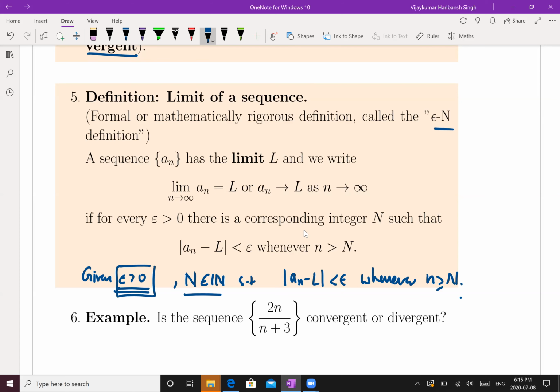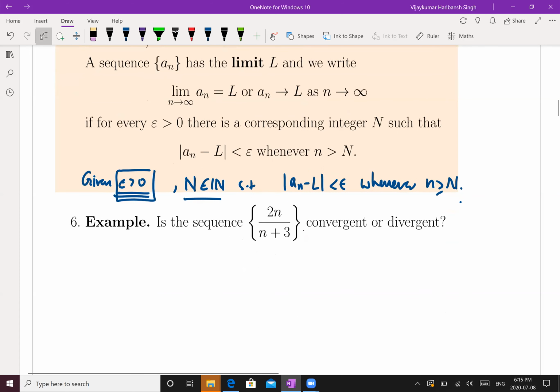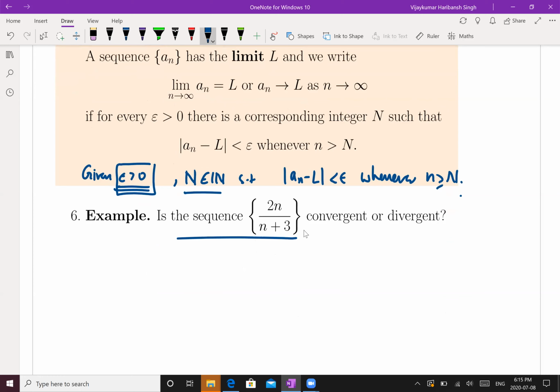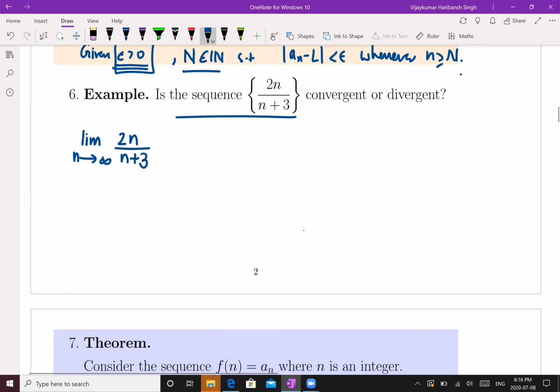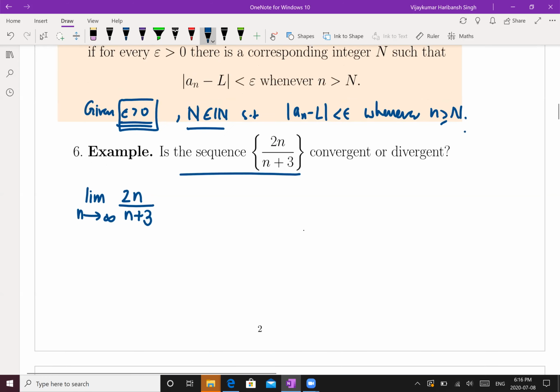All right, so now let's see, does this sequence converge or diverge? One way to see this is the following. You want to see the limit as n goes to infinity of (2n plus n) by 3. So you want to see what this limit is as n goes to infinity. One way to look at this is the following.